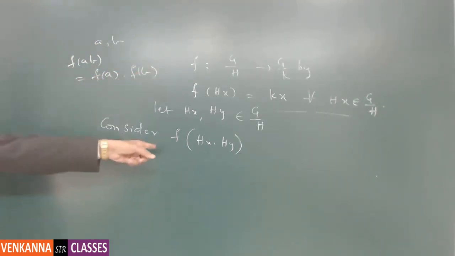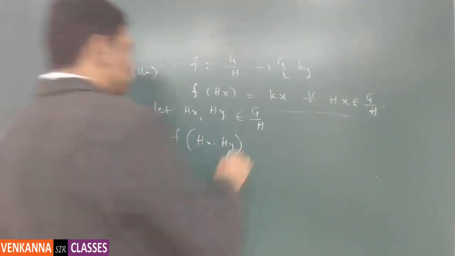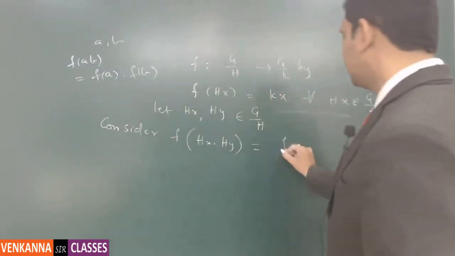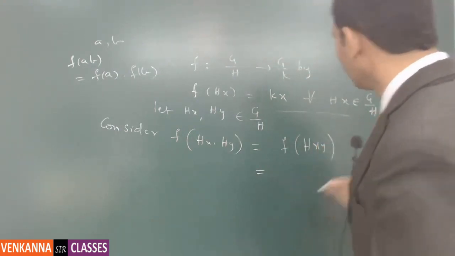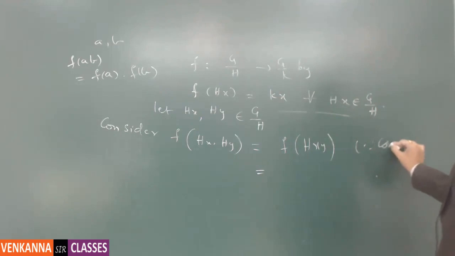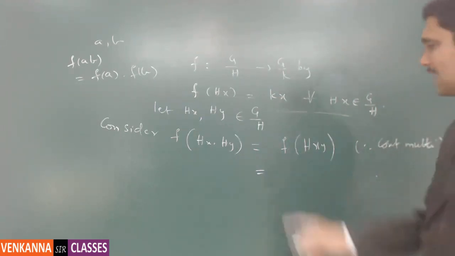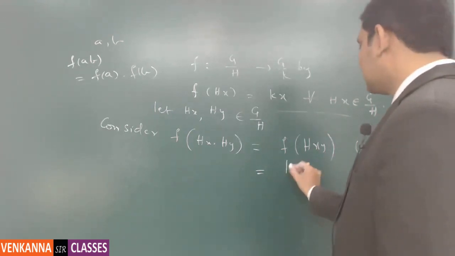The similar pattern I am following here. So as per coset multiplication, this is f of Hxy. And as per the definition of f, you can write it as Kxy.